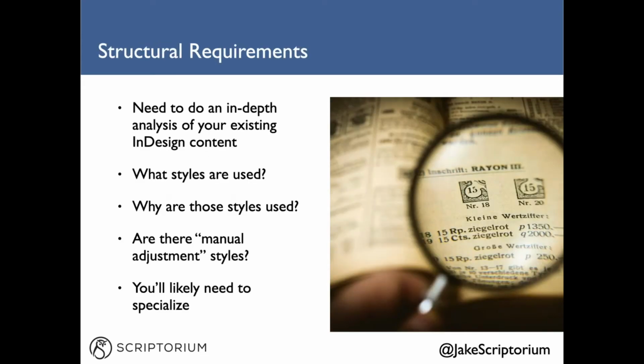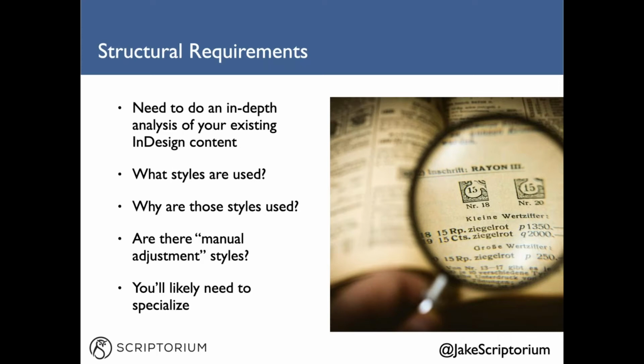When you're looking at your DITA content, you're going to need to run an audit on the InDesign content that you already have. Specifically, what kind of styles are used and why are they used? The why is the really important part because that's going to help you determine what's going to be part of the post-transform process.